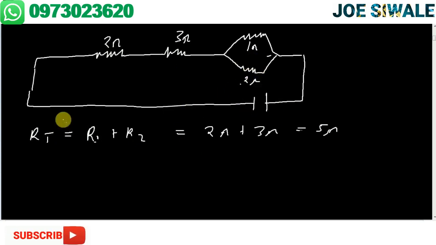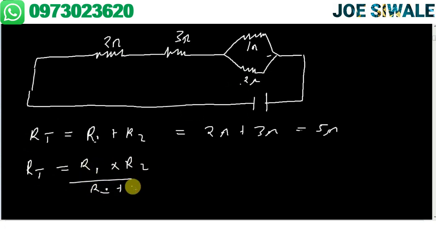In parallel connection. So I can just use this formula. I can say total resistance goes to resistance 1 multiplied by resistance 2 divided by resistance 1 plus resistance 2. So that's going to be 1 multiplied by 2 divided by 1 plus 2. So 1 multiplied by 2, that's 2 divided by 1 plus 2, that's 3.